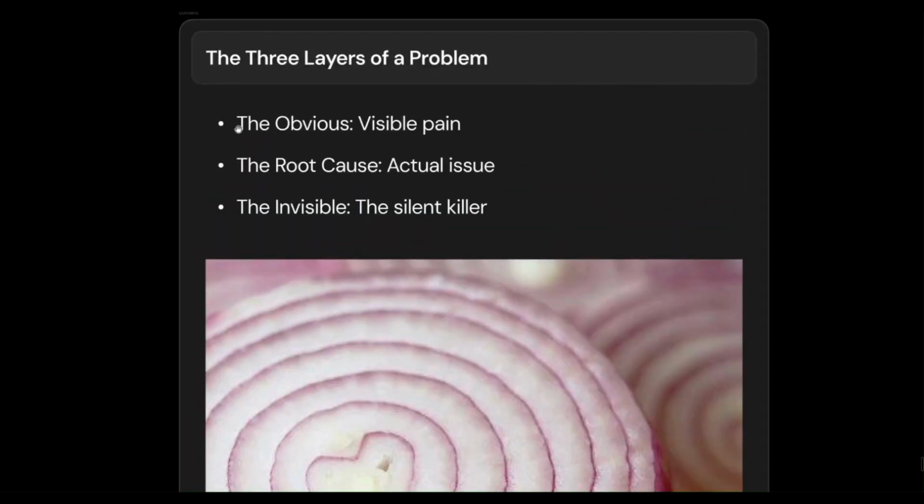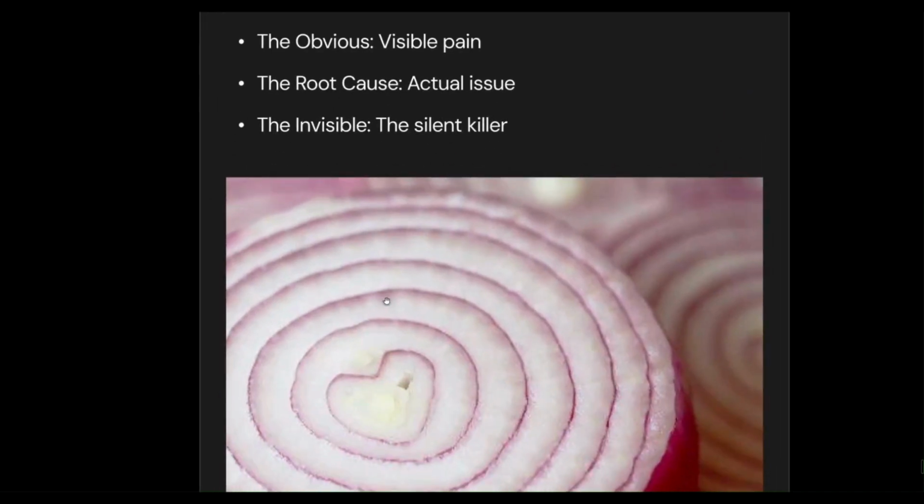The first one is the obvious layer. This is what everyone sees and complains about. If you take an example with Swiggy, the obvious layer would be long delivery times on Swiggy. That is a visible pain. Then comes the root cause.